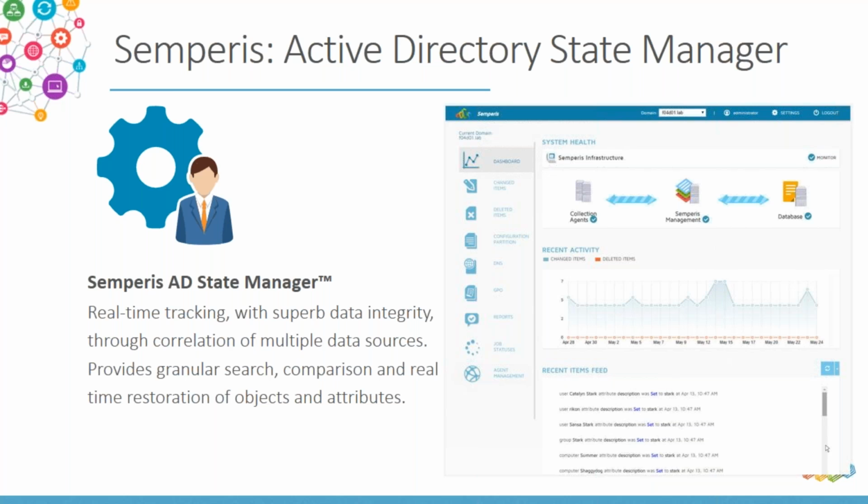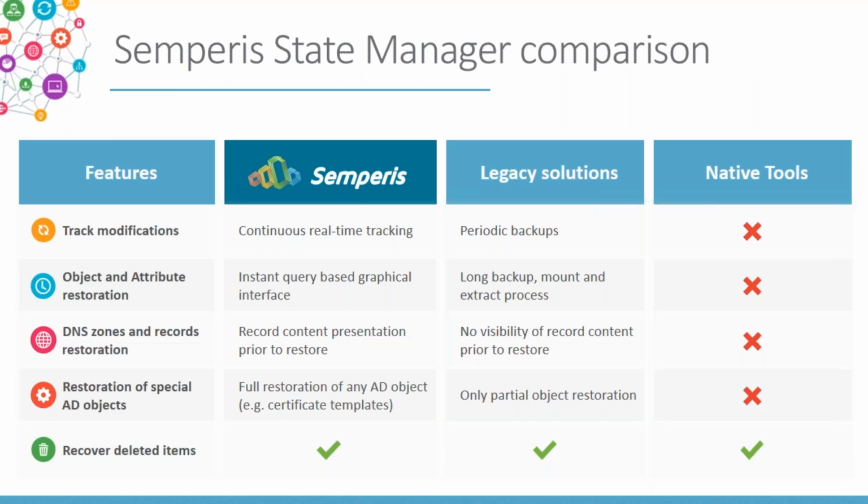So in terms of managing that change life cycle I just talked about, we can give you what I like to call an active, real-time change log of what's going on within group policy, with the ability to revert that. So how do we compare to other ways of doing this?